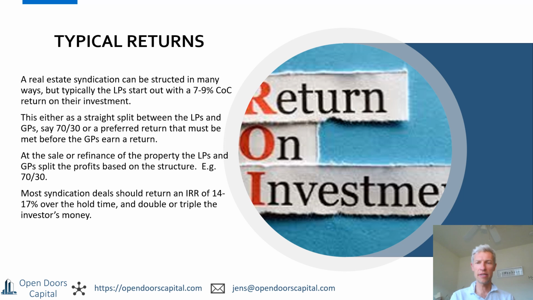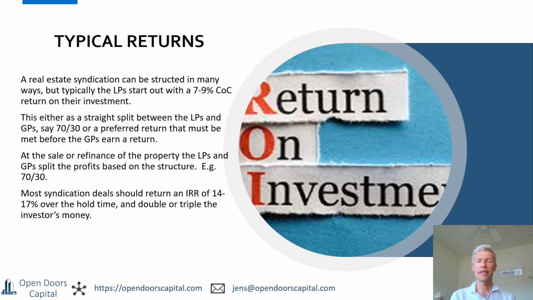When the property is either sold or refinanced, the limited partners and the general partners split the profits based on the structure. That could be 70-30, it could be all kinds of other deals. It really depends on how the deal looks and what the underwriting shows the split should be. And most syndications model out an internal rate of return of 14 to 17% over the hold time and try to double or triple the investor's money.